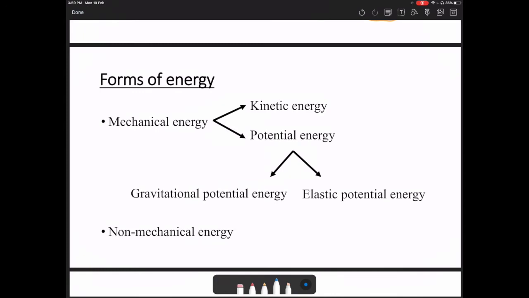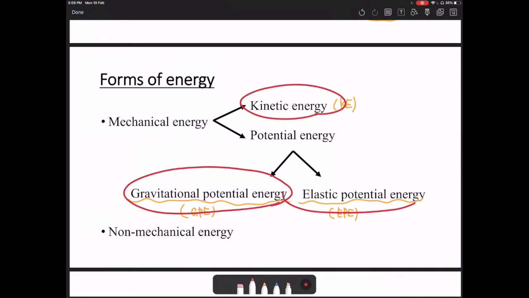Potential energy can be classified as gravitational potential energy, abbreviated as GPE, and elastic potential energy, abbreviated as EPE, and kinetic energy, abbreviated as KE. Now I will talk about these 3 kinds of energy in depth.